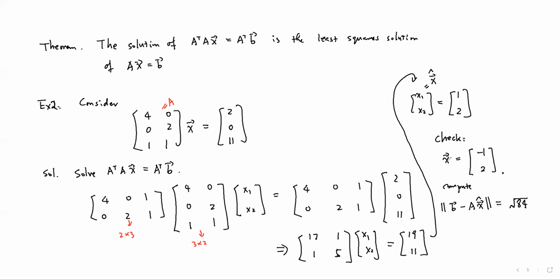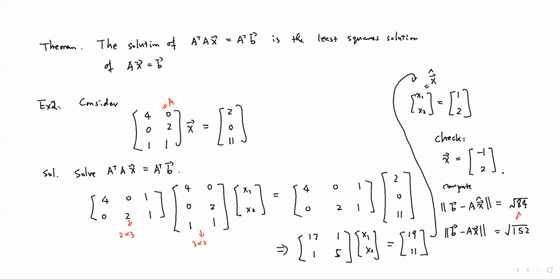Right. Now, let me compute the distance corresponding to x equal to -1 and 2. B minus A times x, this time not x hat. So A times x is the left side, left side minus B. Take length, distance. You get square root of 152.